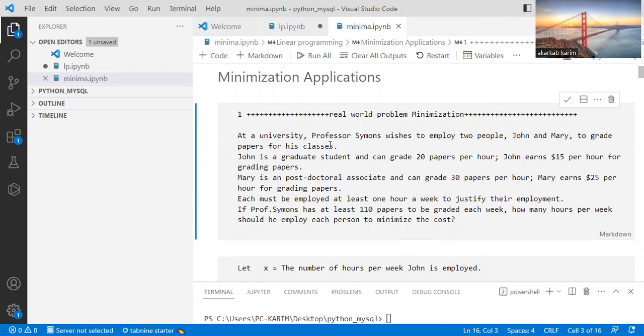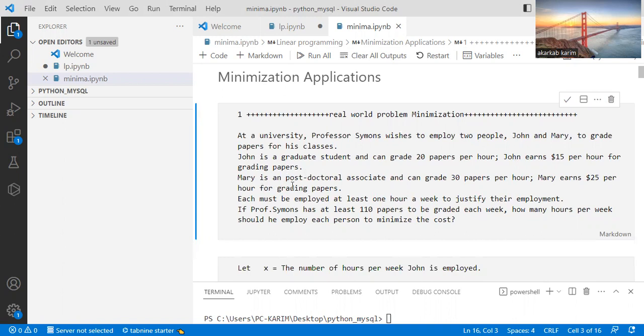At the university, Professor Seaman wished to employ two people, John and Mary, to grade papers for his class. John is a graduate student and can grade 20 papers per hour. John earns $50 per hour for graded papers.